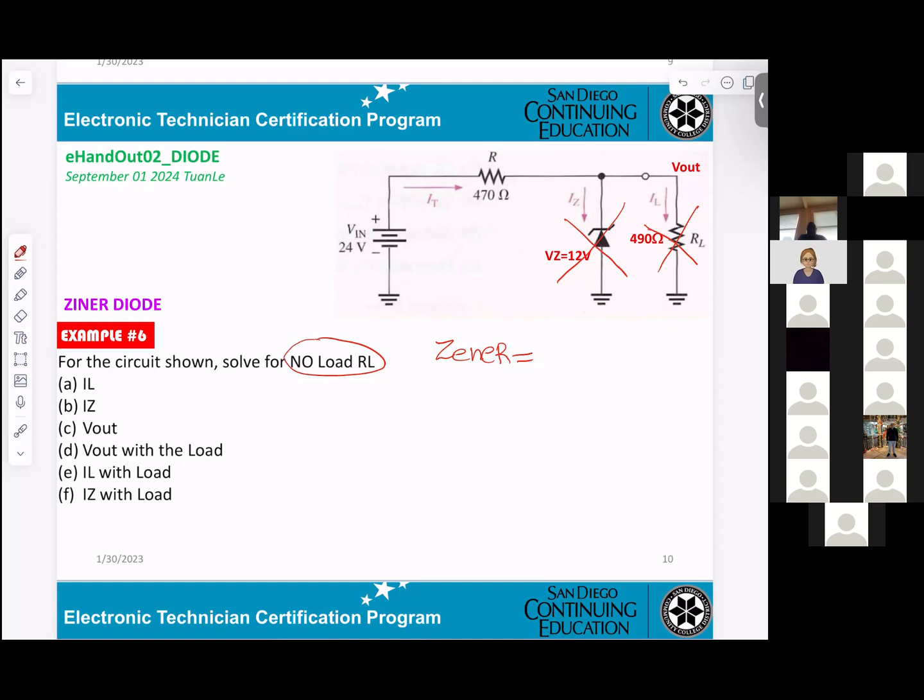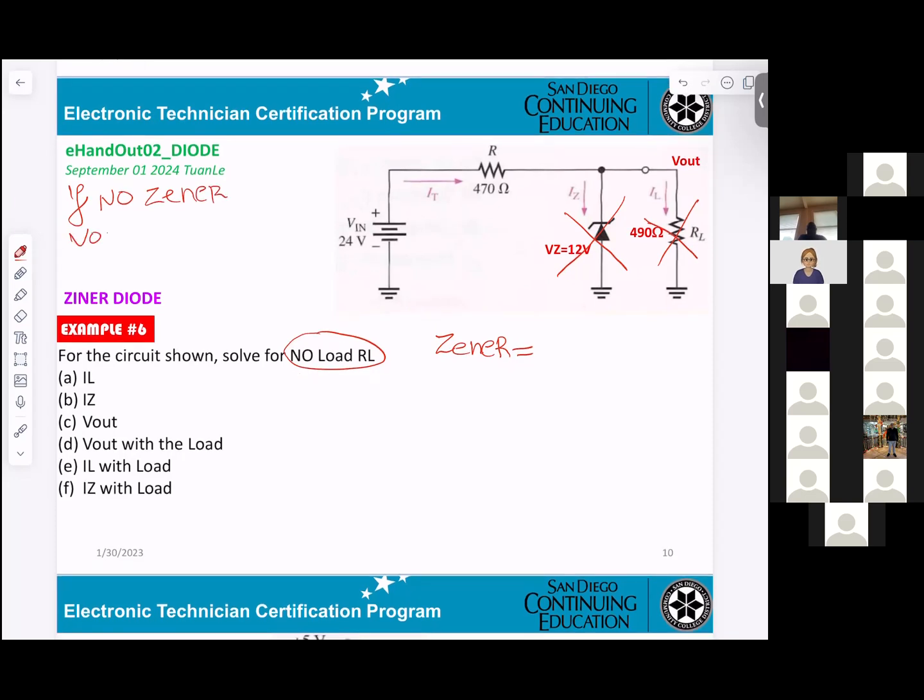Okay, that's the first step you have to do. If no Zener, we get out 24 volts.